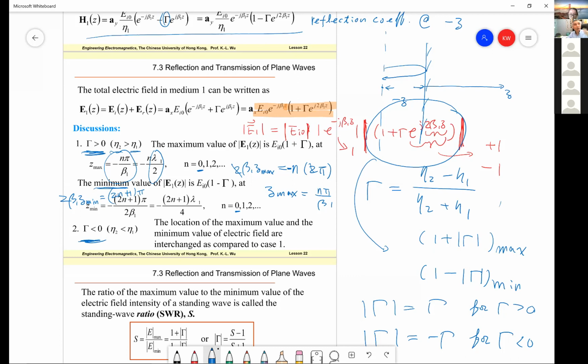So every half wavelength it repeats the maximum.